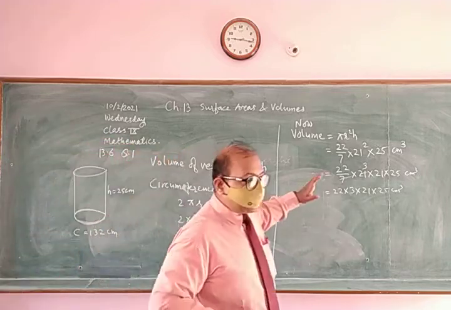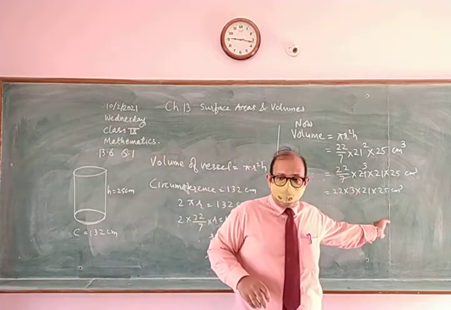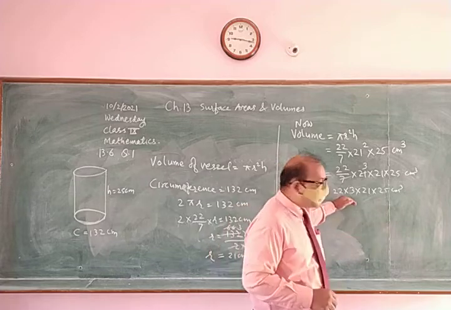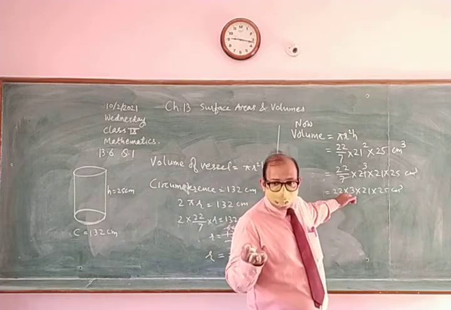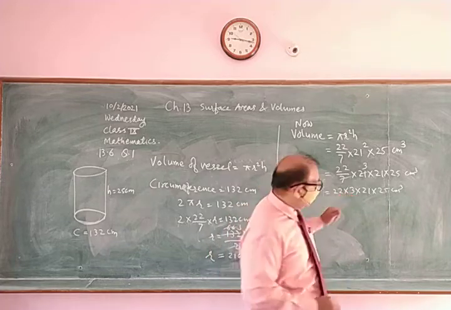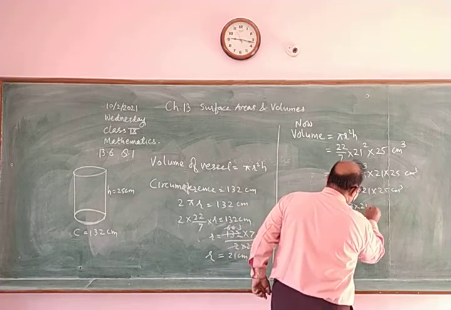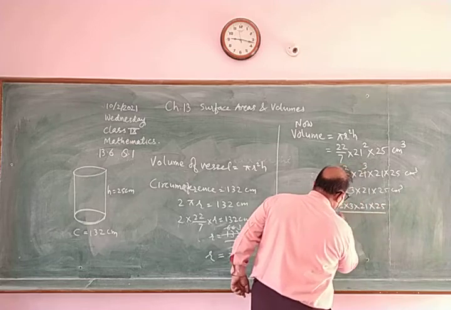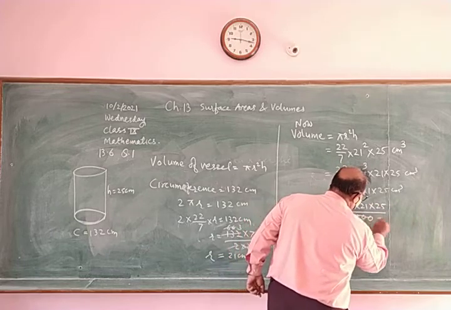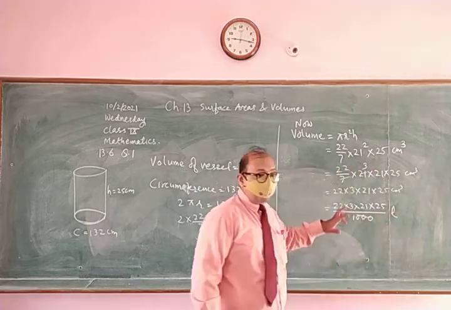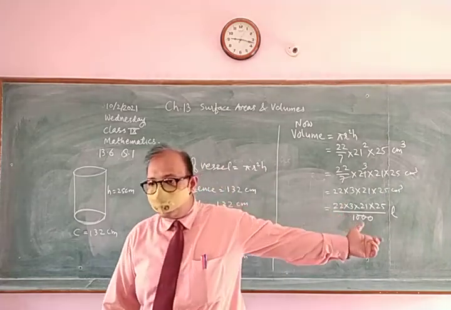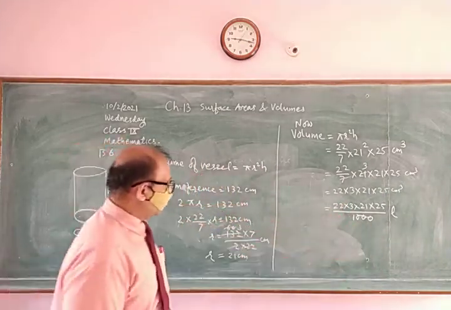So we will divide it by 1000 to get the result in liter. It is 22 into 3 into 21 into 25 upon 1000 liter. Now we convert cubic centimeter into liter.